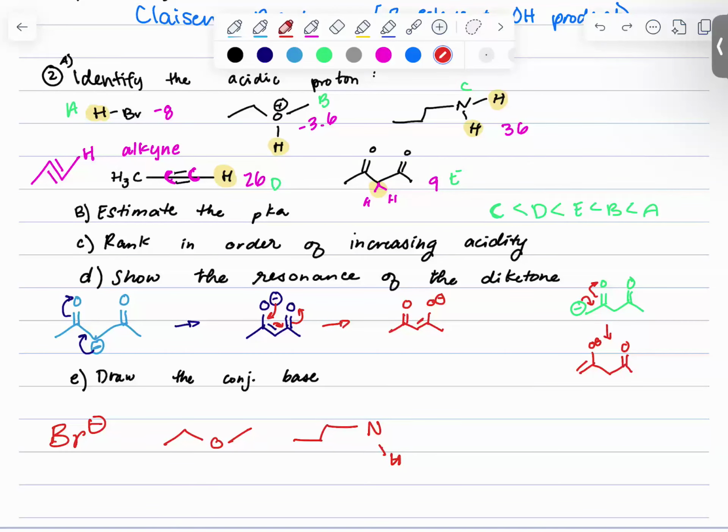If you take the proton away, you leave its electrons. So yes, it already had a lone pair to start with, and you gave it a second lone pair. That's why it gets a negative charge. Okay. Good.